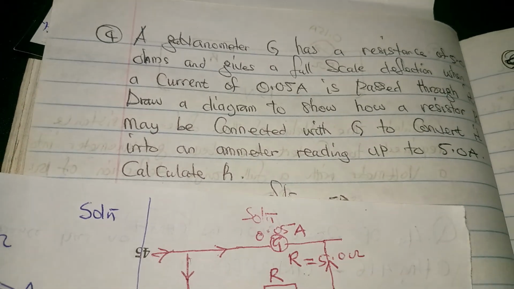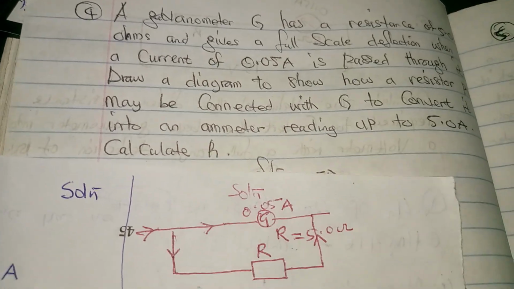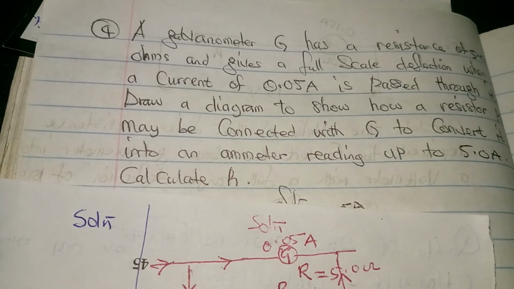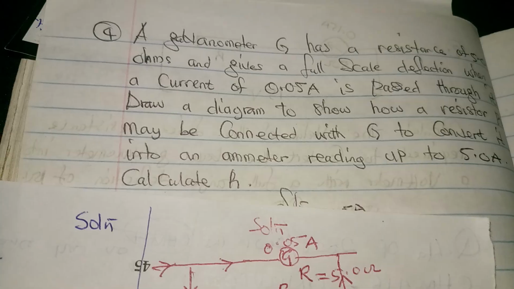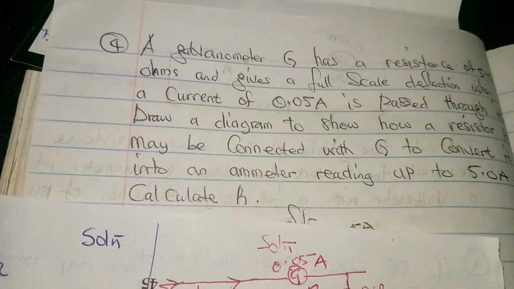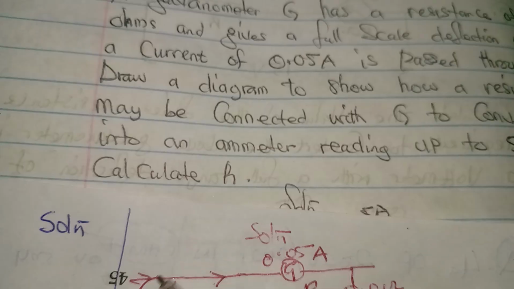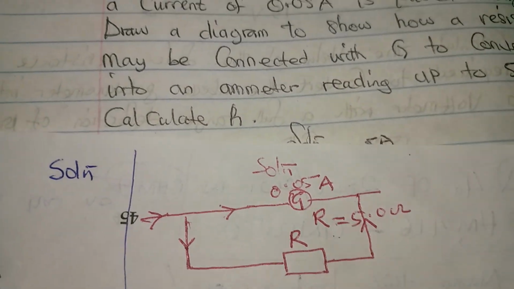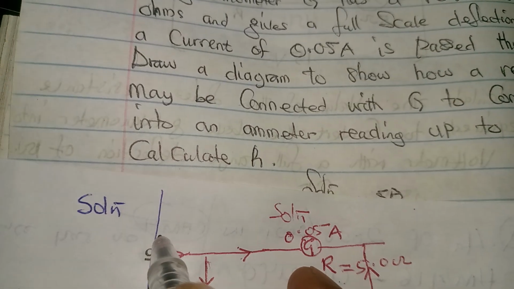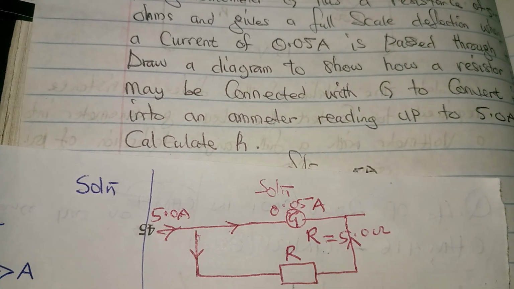You have been given the current of the ammeter. That means it is the total current in this circuit. So the current of the ammeter is located here, 5.0 ampere.